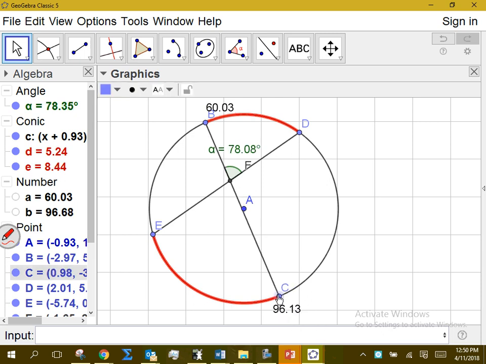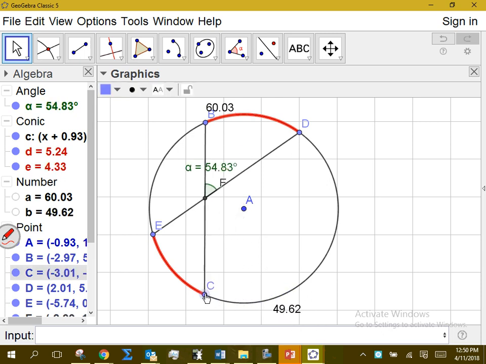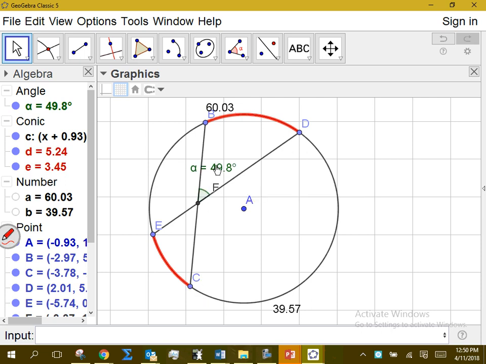And let's make this arc shrink down to 40. Close enough. What do you think I can do with 60 and 40? I get that 50. 60, 40, what do they add together? Give me 100. How do I take that 100 and get 50?